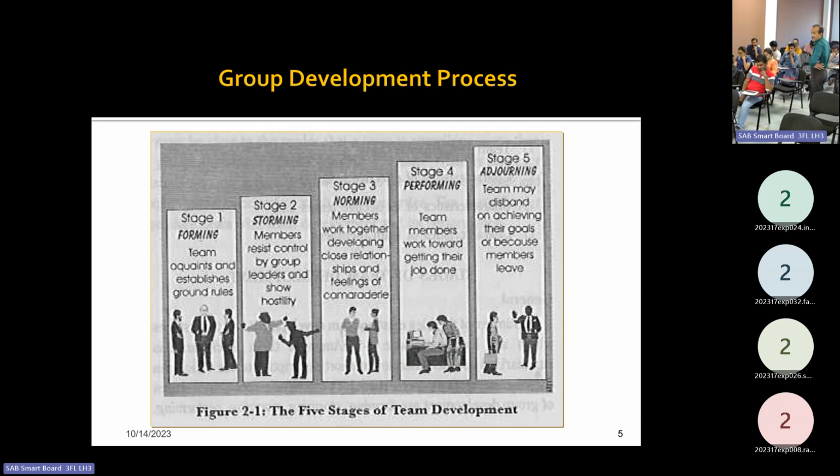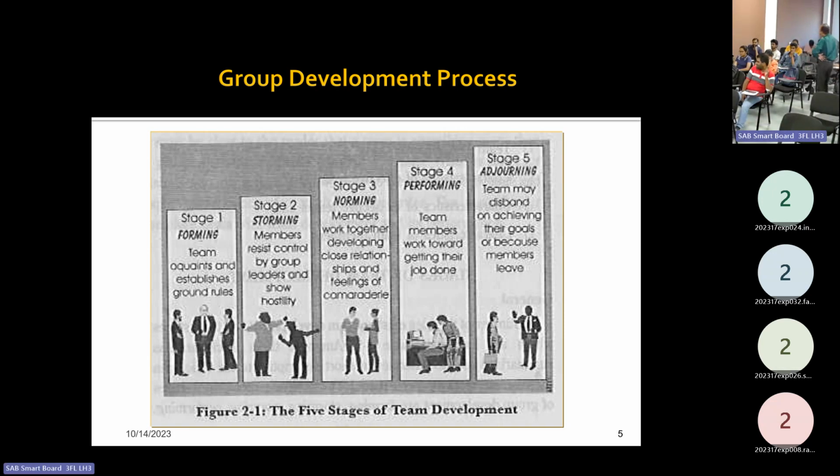Right. In a stage like that, we see differences in the behaviors of the leader and the members. What is seen in the first stage, forming? The leader and the members have faced, or they are facing, uncertainty. They are not clear about the basic ground rules applicable to the group.